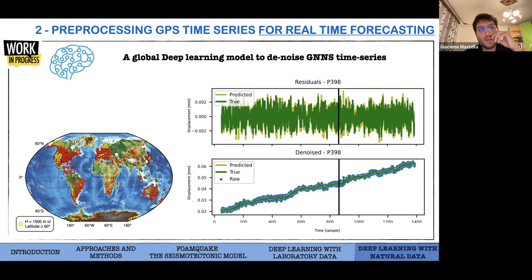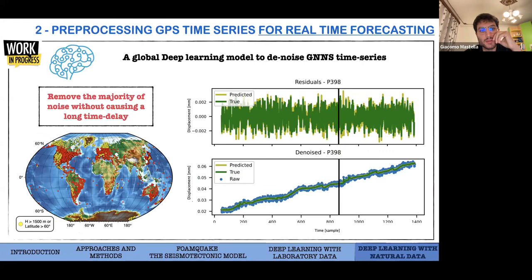So what we are doing right now is trying to build a better model that can denoise the majority of noise of a time series without causing a long time delay. We are trying to achieve this goal by using deep learning, using GNSS data from all over the world.